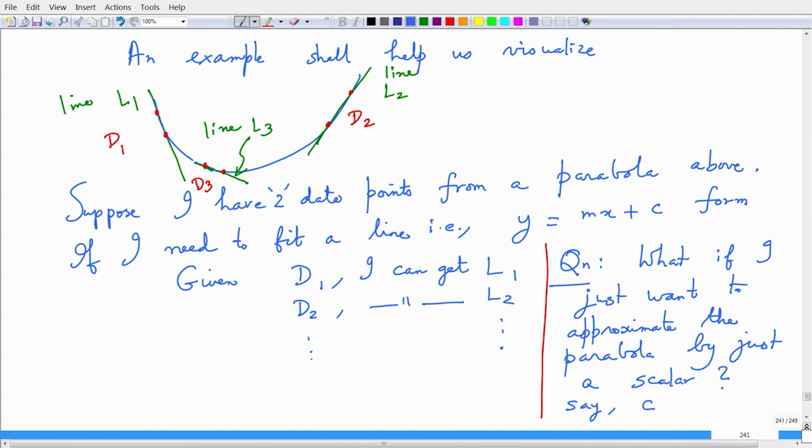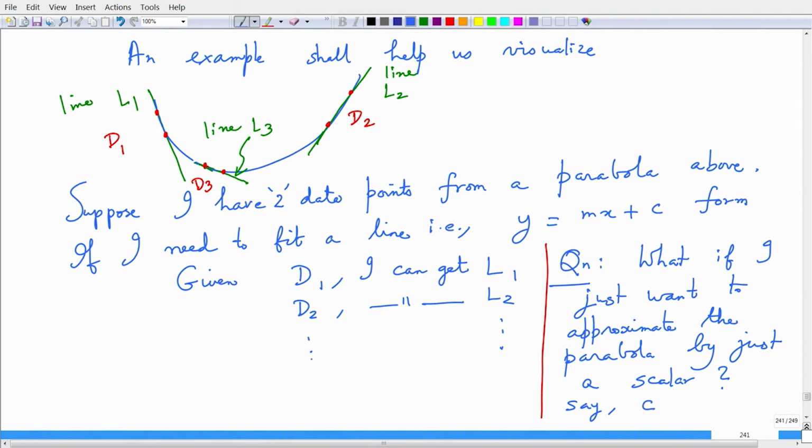For example, I can have a data set D1 comprising these 2 points on the left side. I can have data set D2 that has these 2 points on the right side of this blue curve. I can have a data set D3 that has these points towards the bottom of the curve.